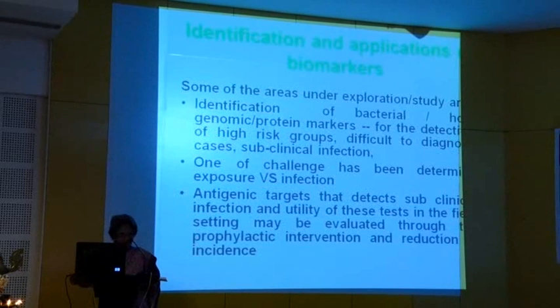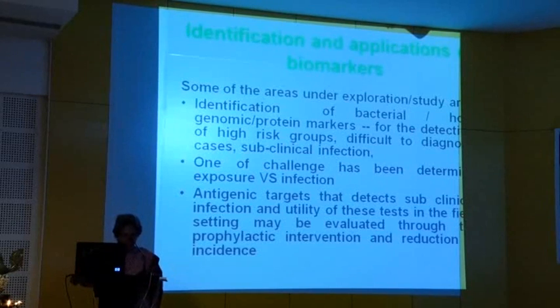Now, the advances in the field of leprosy using PCR technologies, which are under exploration and study and ongoing, are identification of bacterial as well as host genomic and protein markers for the detection of high-risk groups, difficult-to-diagnose cases, and subclinical infection. These are prime areas. One is looking for some assay where you can have a quick diagnosis.